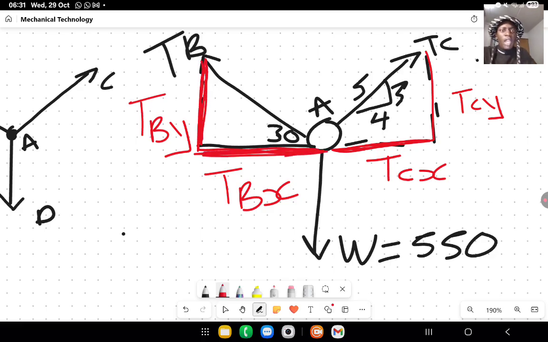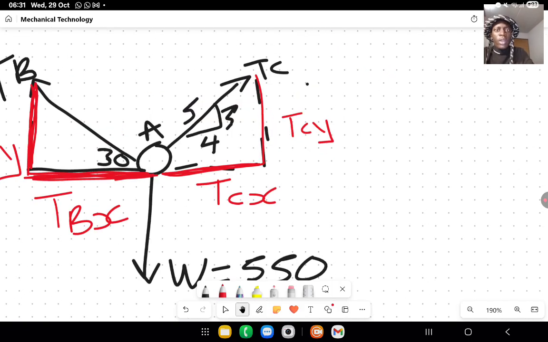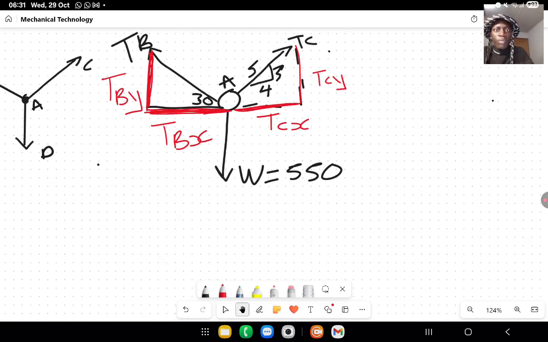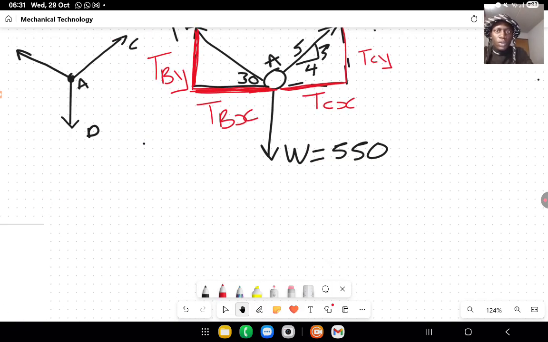Now we have made things simpler. We have to come on this triangle, which has hypotenuse, adjacent, and opposite.